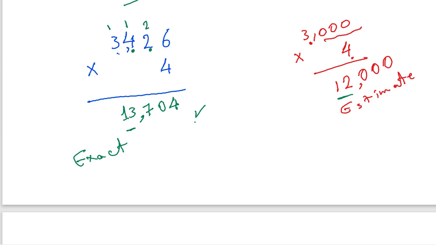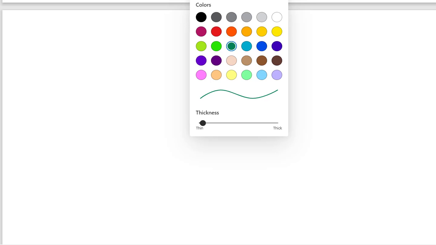Okay, and the last thing that I want to remind you about is the distributive property. As you can see, please do not use your mics.